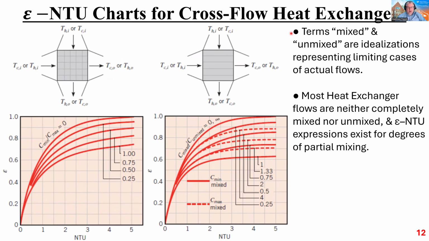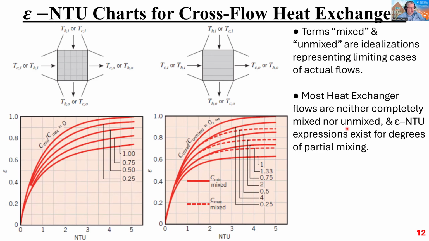The terms mixed and unmixed are idealizations representing limiting cases of actual flow. Remember, when we were talking about LMTD, mixed meant you had a series of tubes with the cross flow not being constrained by walls or fins, which allowed the fluid to mix as much as it wanted to in the cross flow direction over the tubes.